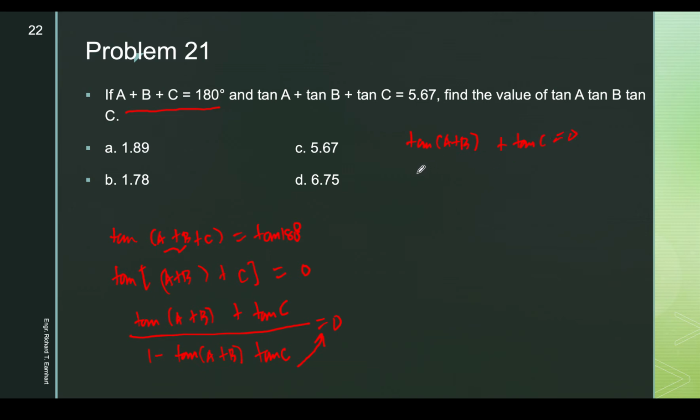And then again, tangent of A plus B is tangent of A plus tangent of B over 1 minus tangent of A times tangent of B.